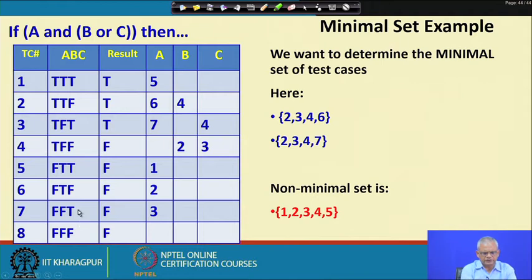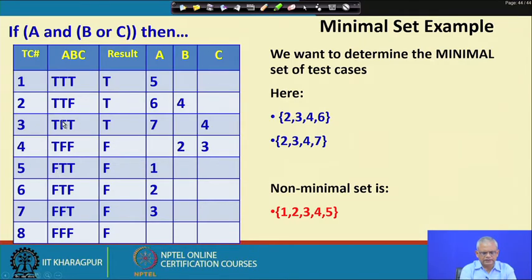We see here that 1 along with 5 shows the independent influence of A on the outcome. Similarly, 2 along with 6 also shows the independent influence of the basic condition A on the outcome.